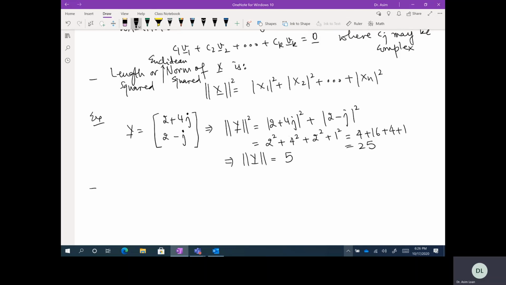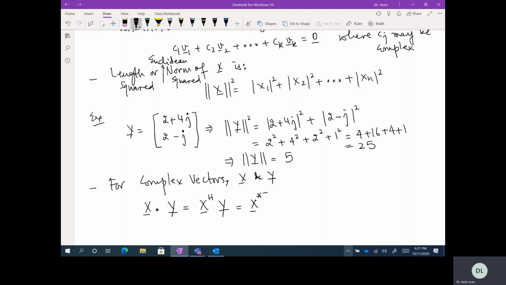So if you have two complex vectors, how do we define the inner product? For complex vectors x and y, x dot y equals x H y. What is x H y?